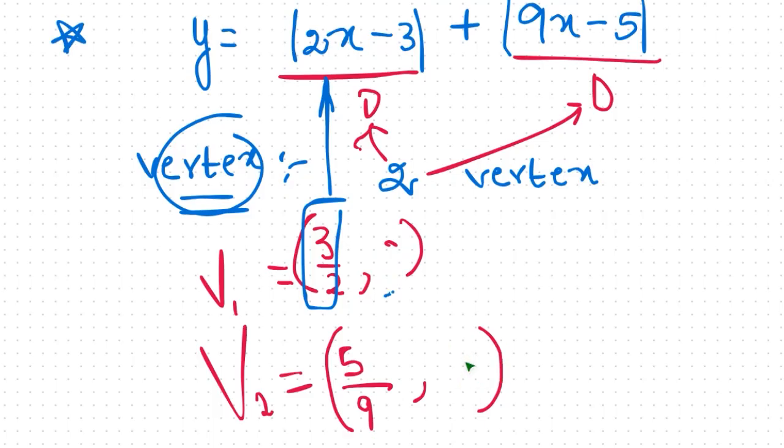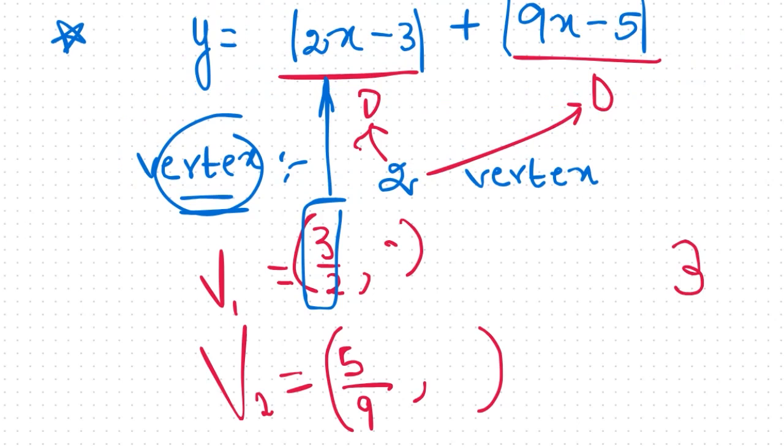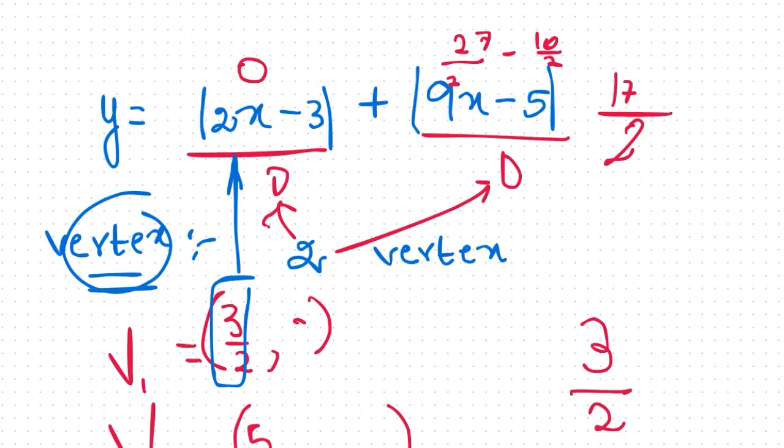See, we are trying to find the coordinates. If x is this much, how much is the y value? So we have to plug them into both. If you plug x is equal to 3 by 2 in this function, overall, what happens? 17 over 2.